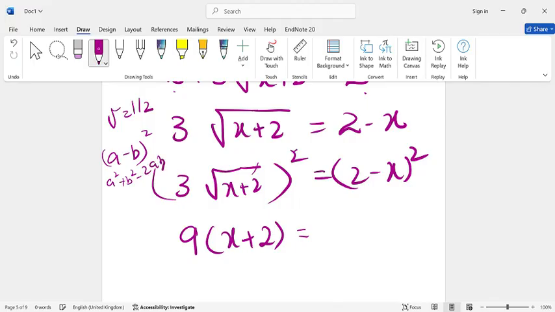So I apply this formula over here. We have 4 plus x square minus 4x.